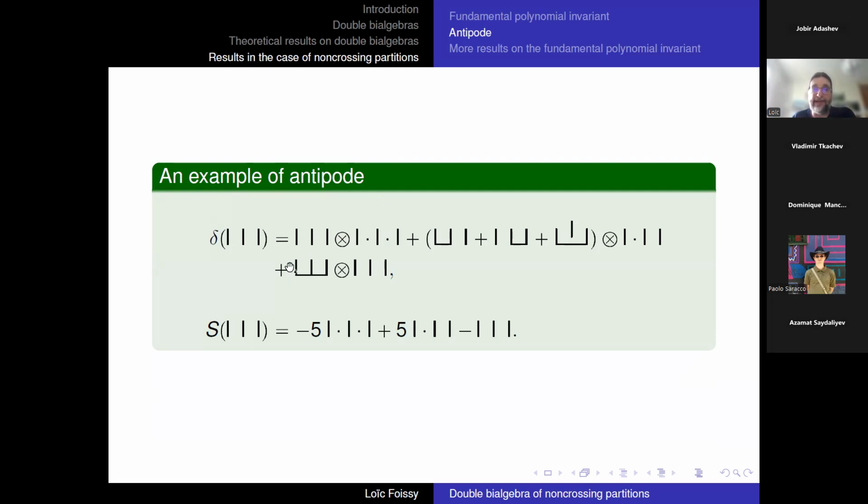This is the first Catalan number, 1, with a sign. And this has 2 blocks. It gives you the second Catalan number, 2. This one has a nesting, so this gives you a product of Catalan numbers, which is 1 times 1. So the 5 here is not a Catalan number. It's 2 plus 2 plus 1 times 1. And generally, what you will obtain are coefficients given by Catalan numbers and products of Catalan numbers.